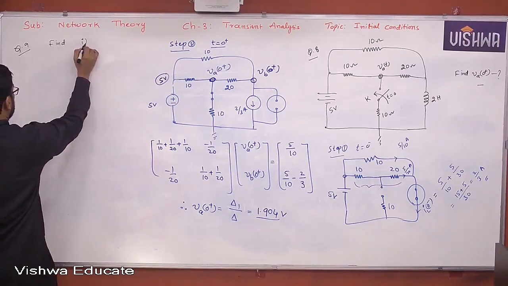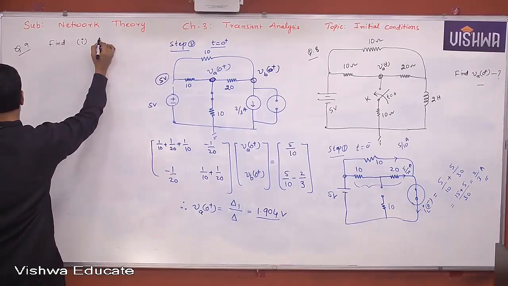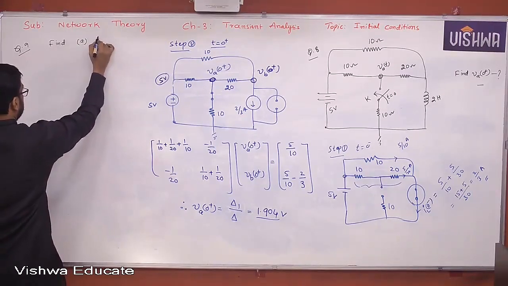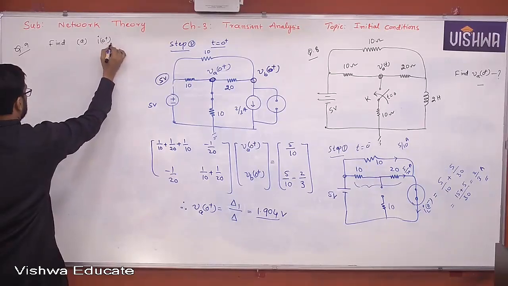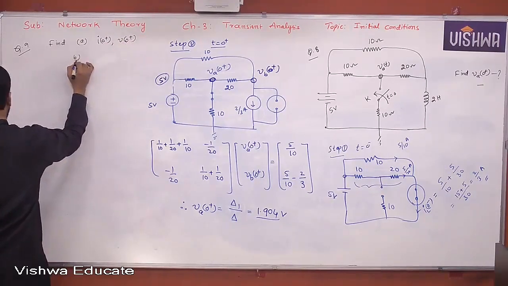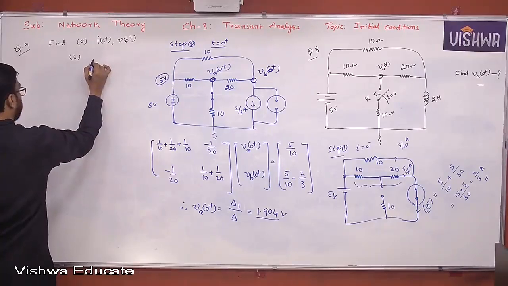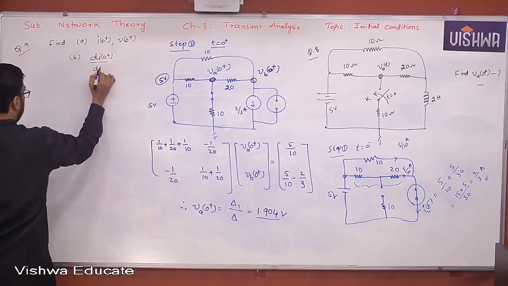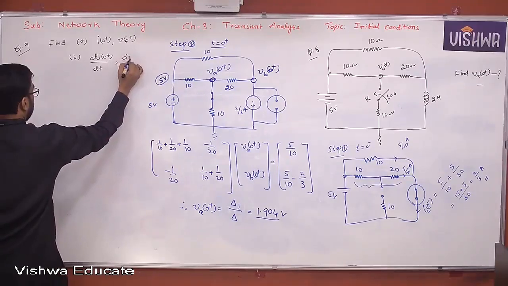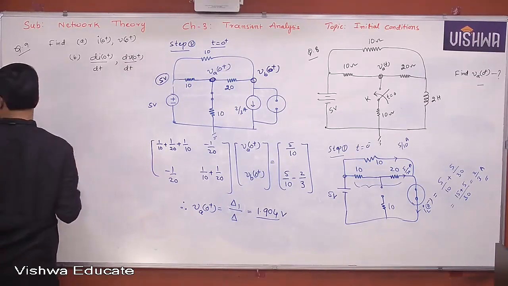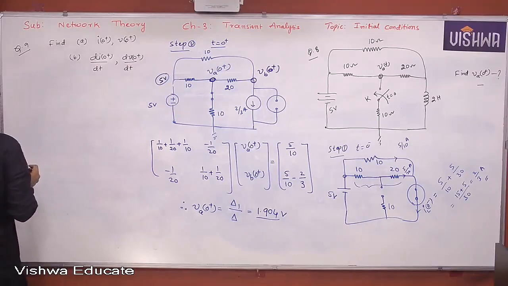Find I of 0 plus, V of 0 plus, dI of 0 plus by dt, dV of 0 plus by dt. Okay.